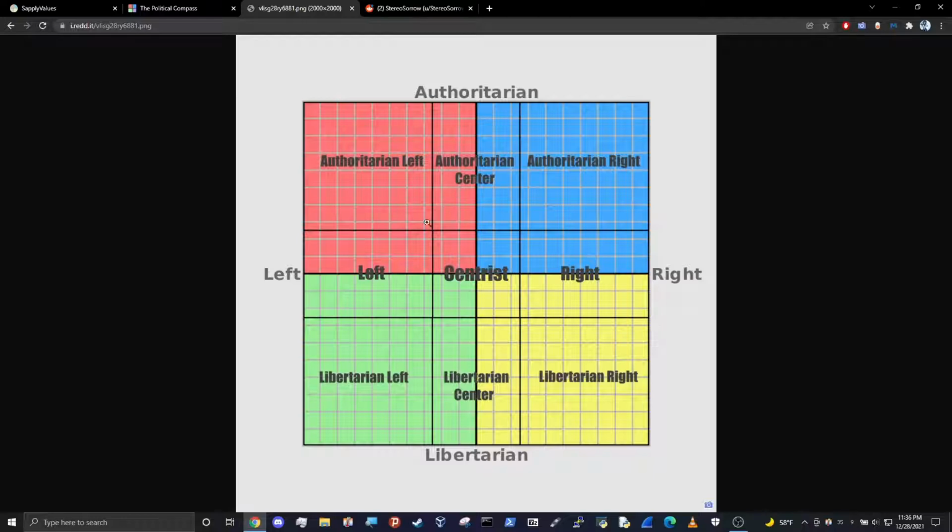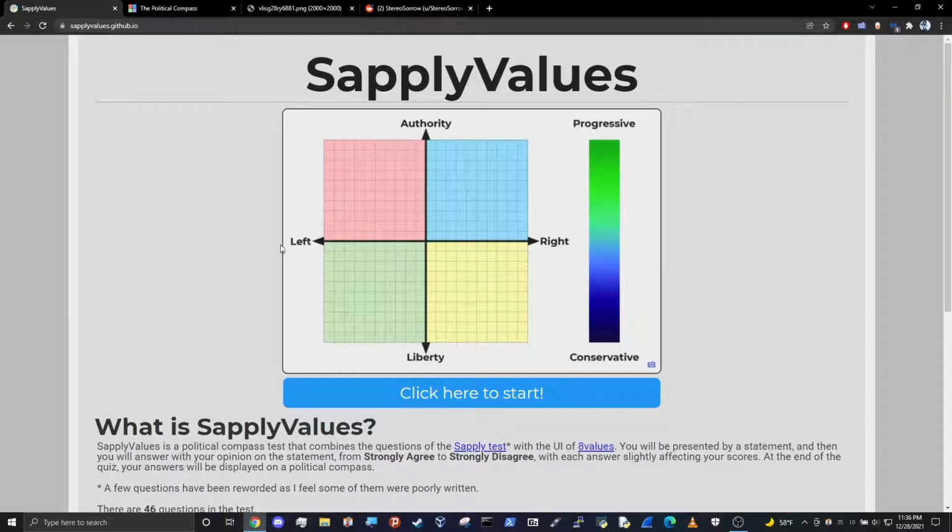Basically, this image more or less describes the political compass, but it describes it better where you have centrist, you have left as liberal, right as conservative, and then you have the 4 quadrants here, and you also have authoritarian center, and libertarian center. So this explains it a little bit better than just looking at these 4 quadrants.